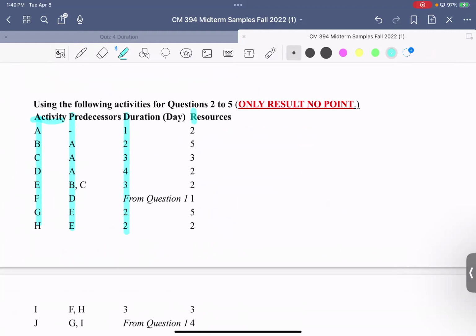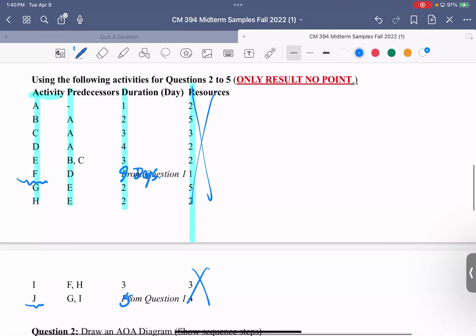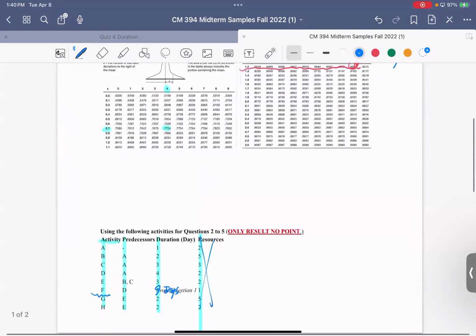The resource we won't use for this case because we will not do the resource allocation, right? So what's the duration for F? 9 days, right? Please write it down here. And what's the duration for J? 5 days, right? Is that correct? Okay, basically you're just moving the data down, right?